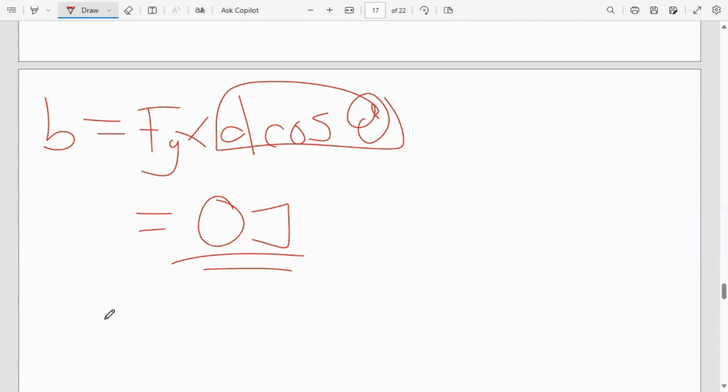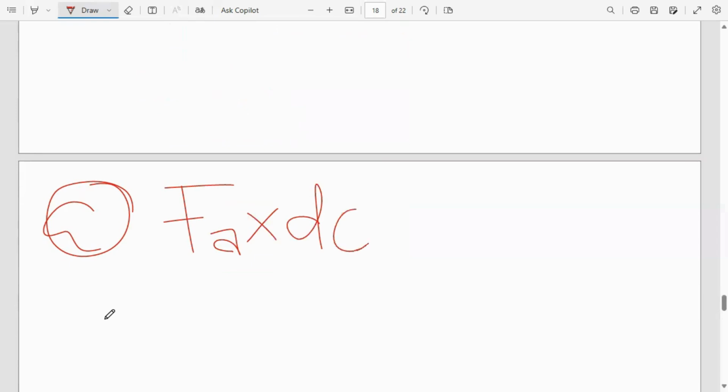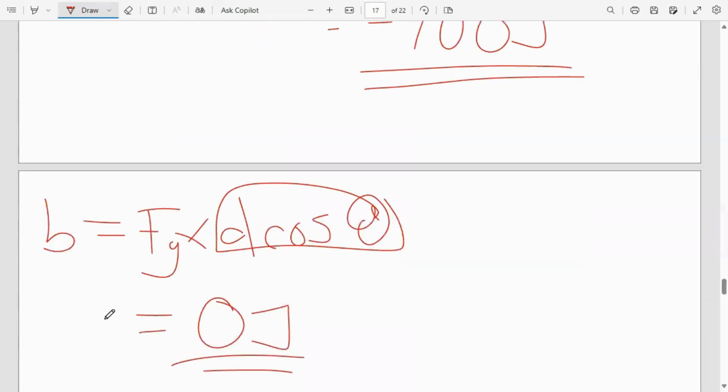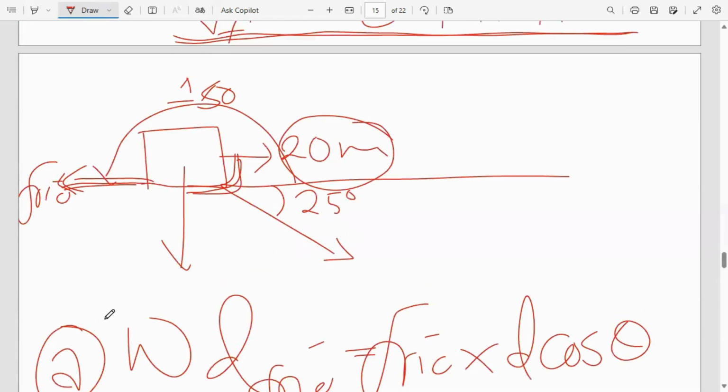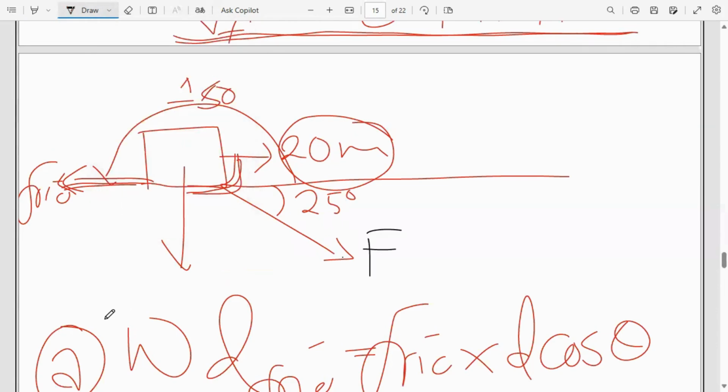All right, so question C, work done on the cart by the shopper. The work done on the cart by the shopper will be equal to the force applied by the shopper multiplied by the distance cos theta. Why? If we look at our free body diagram again, this is the force applied, at an angle of 25 degrees with the horizontal.